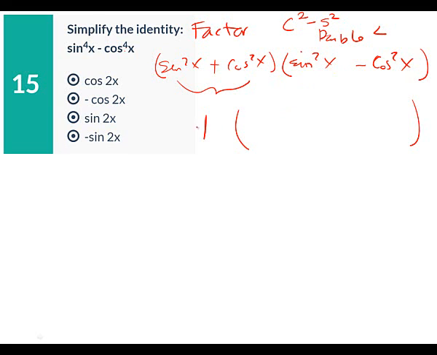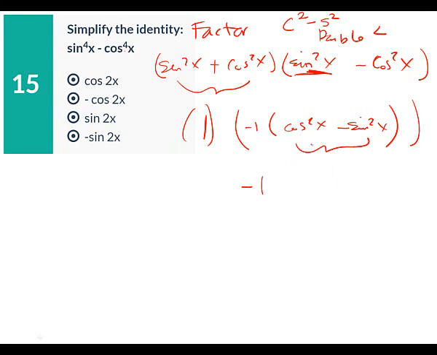Couldn't I just take out a negative 1? So I know that that's a 1. I'm going to take out a negative 1. So what's going to be the sign on sine squared then? Negative sine squared. And then what's going to be the sign on cosine squared? Positive cosine squared.